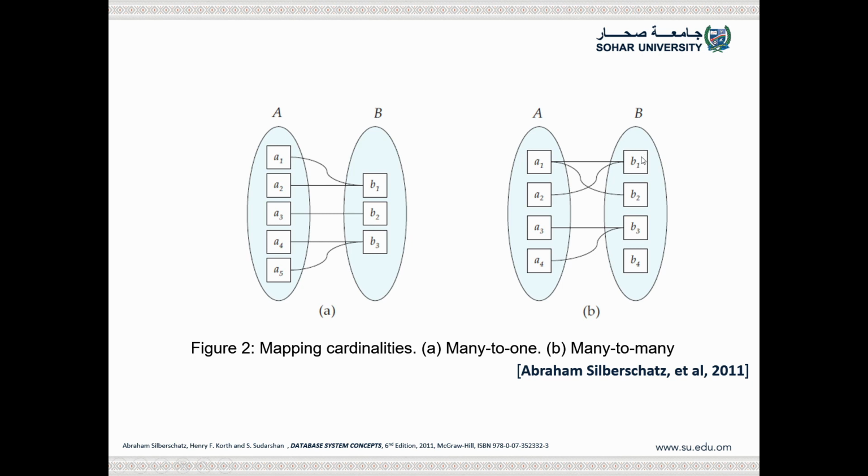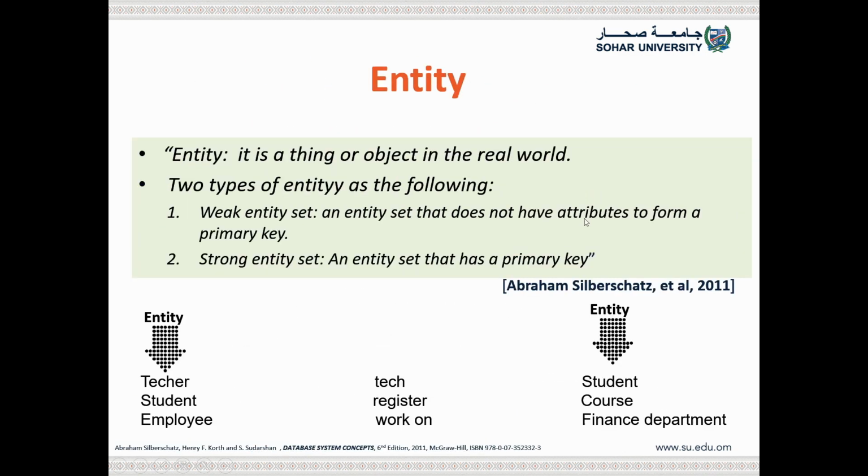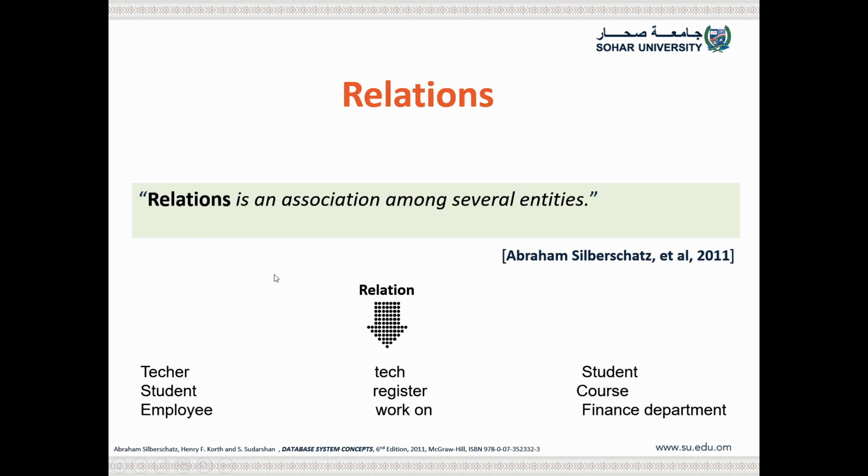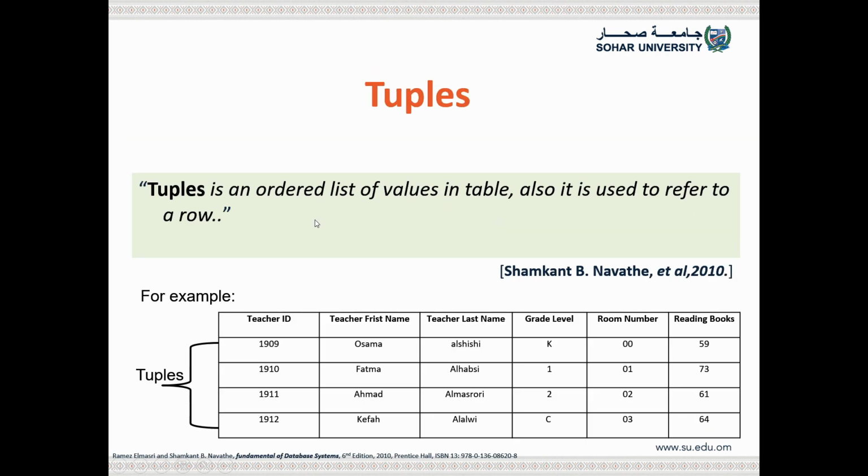This one here is Muhammad, this one is Abdullah, this one is Khalid, this one is someone else. Okay, so each instance, each row, each tuple is a relationship instance.